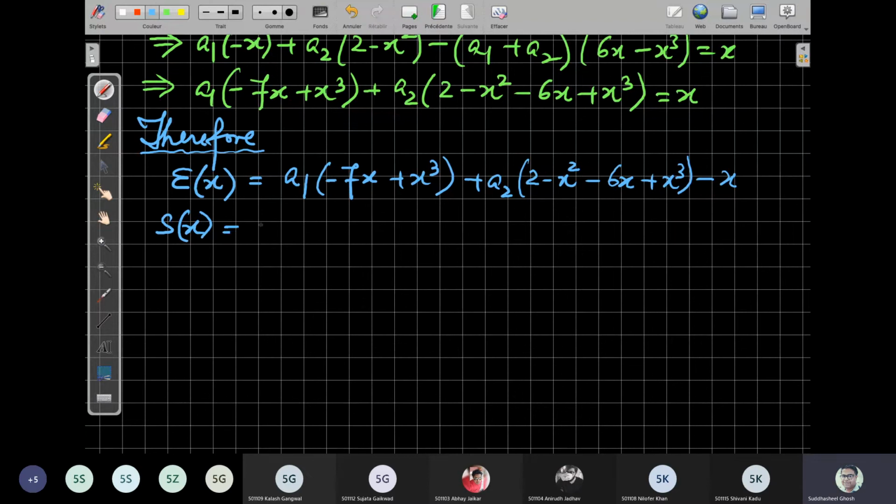Can anybody tell me? We do not have to evaluate the whole square, please remember that. You just have to say a1 into minus 7x plus x cube plus a2 into 2 minus x square minus 6x plus x cube minus x, whole square.